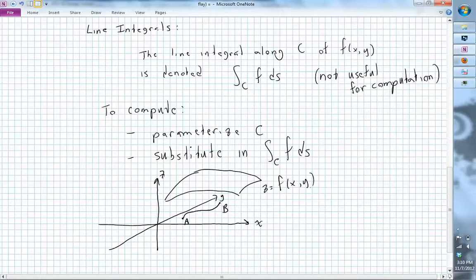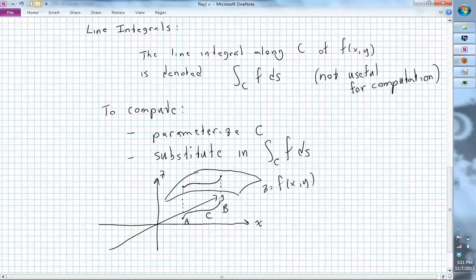There's the curve C down below in the xy plane. And you can imagine that curve has an image up there on the surface.